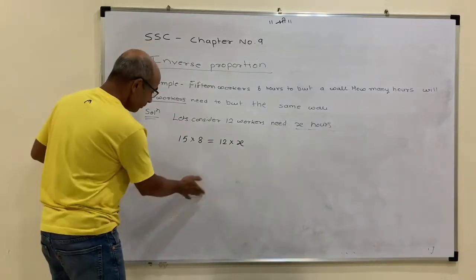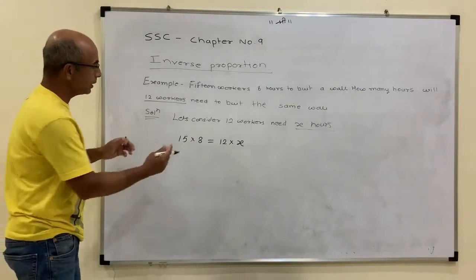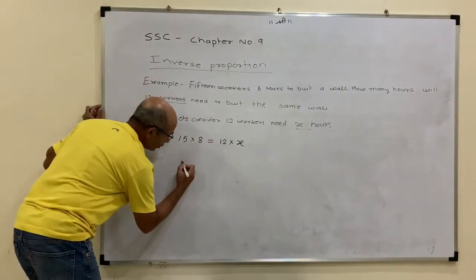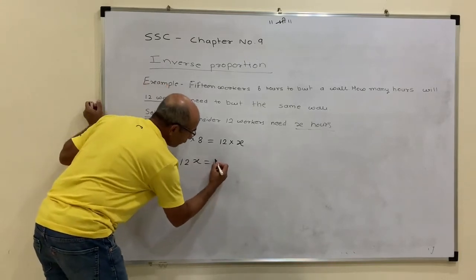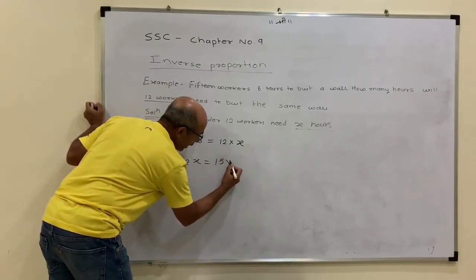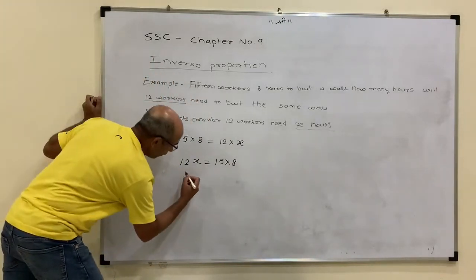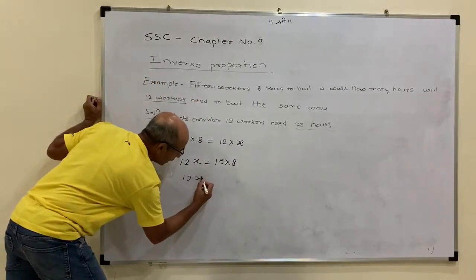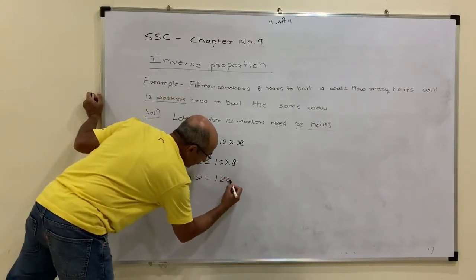So now the value I need to find is x. I'll swap this. I put 12x equals 15 into 8. So now 12x equals 120.